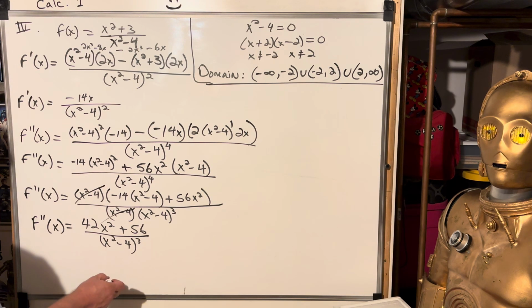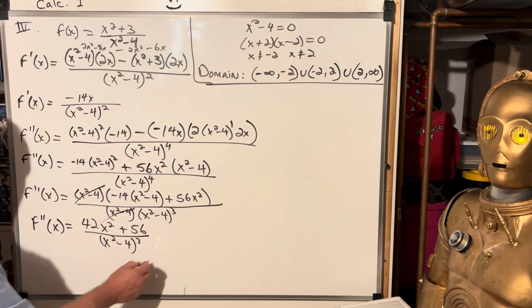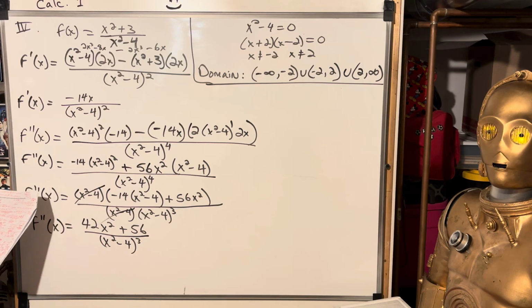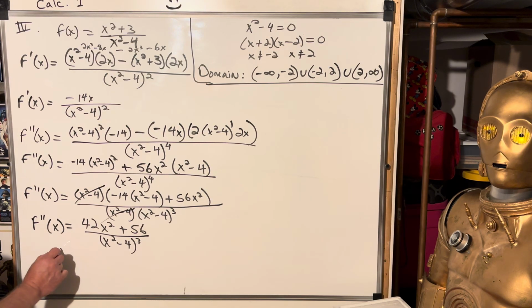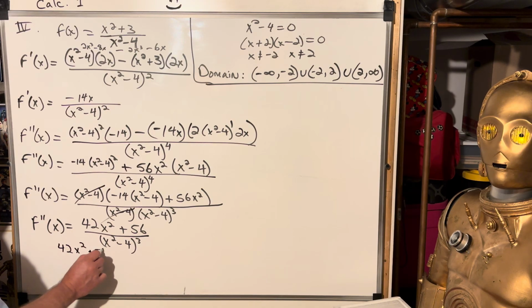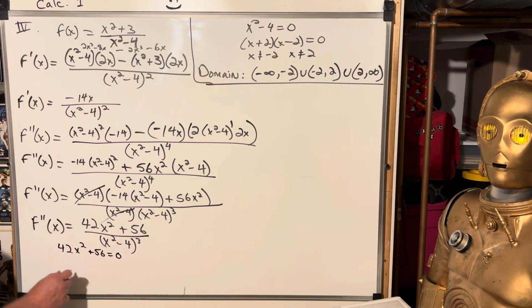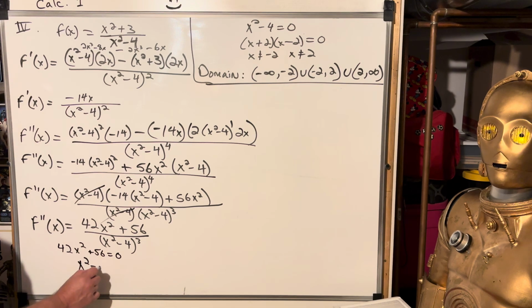All right, so we're going to set this equal to 0 and this equal to 0 and look for critical numbers. So we're going to end up with just, I think, 2 critical numbers, because when we do 42x squared plus 56 and we set that equal to 0, we end up with x squared equals negative 56 forty-seconds.